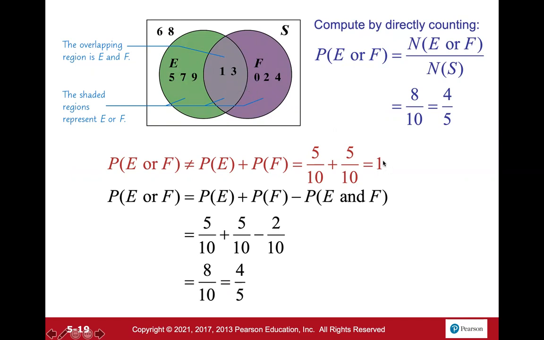We would have the entirety of the sample space, but notice that there are 2 digits out here that should not be there. And adding all of these together, we would end up with 8 over 10 or 4 over 5. So this is the actual probability. So what we're doing is subtracting the probability of E and F.